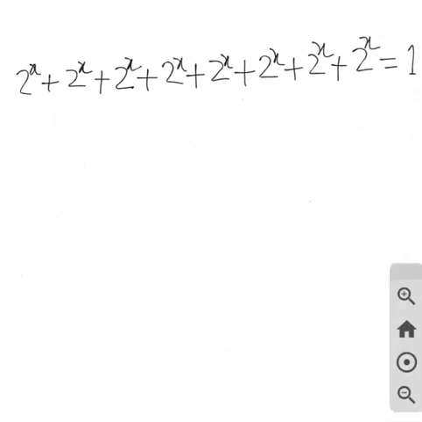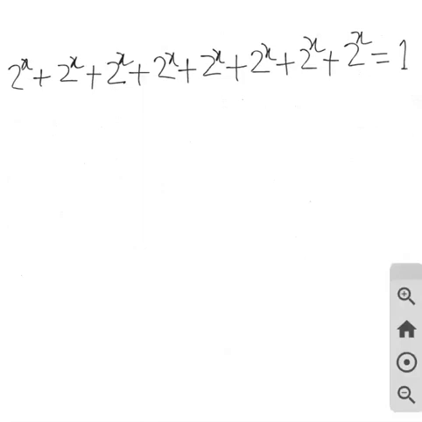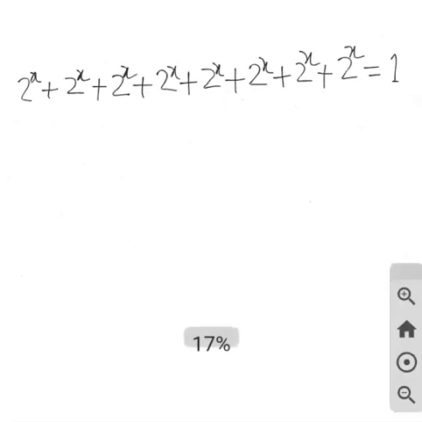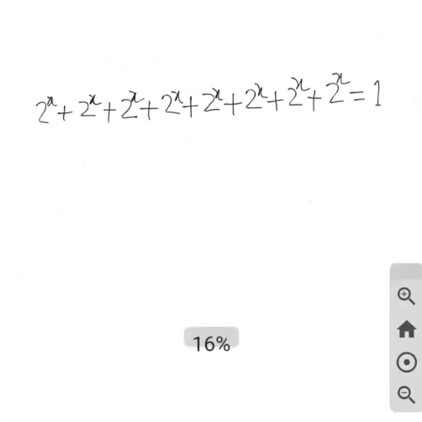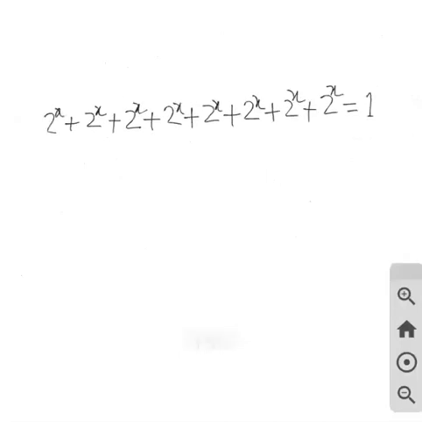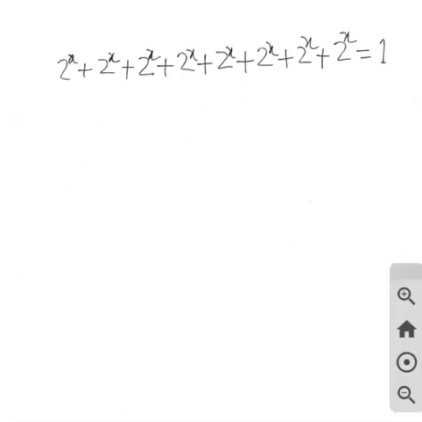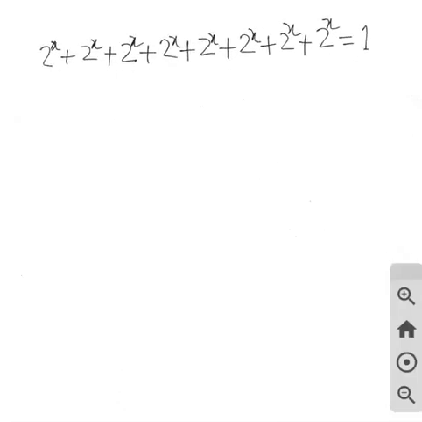So here you can see 2 to the power x, how many times added? 8 times: 1, 2, 3, 4, 5, 6, 7, 8. This is the algebraic equation provided for you, equals 1. So the left hand side is this, added 8 times. The exponent is x, the right hand side value is 1, and you have to solve this equation in order to find the value of x.